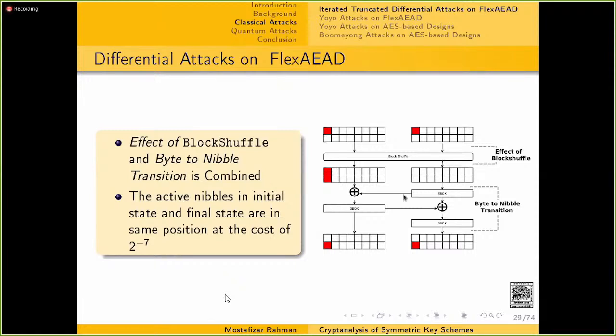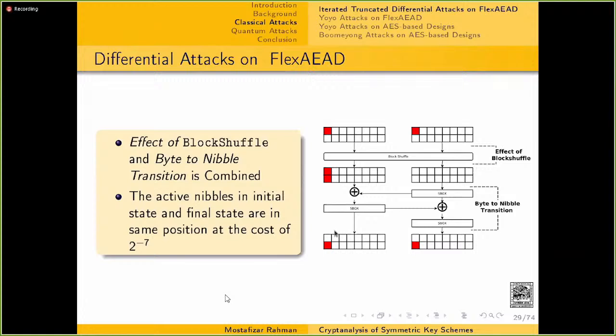And due to the effect of the AES S box and byte to nibble transition, we can actually activate only these two lower nibbles or upper nibbles. So over the one round, we see here that these two active nibbles are only activating these two lower nibbles. At the same probability, we can activate also the upper nibble, and this probability is 2 to the minus 7.